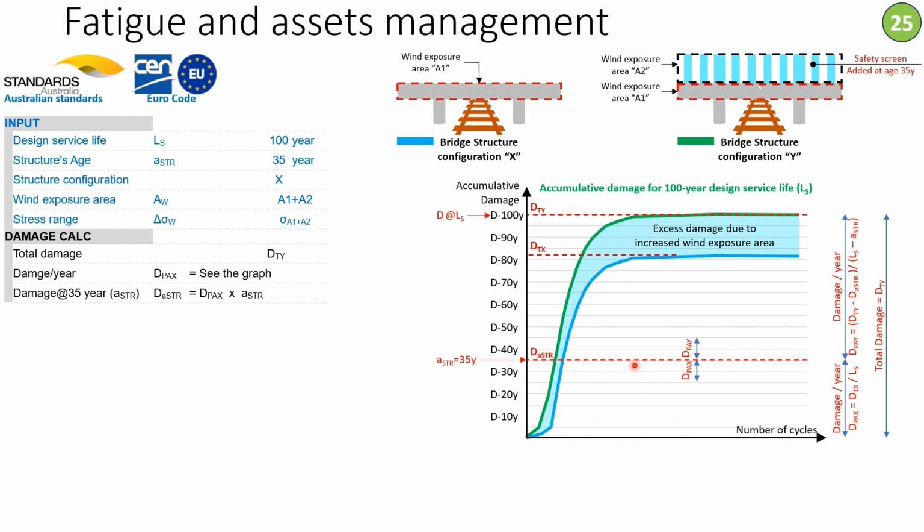So the damage per year before adding the safety screen at age 35 equals the total damage for configuration X, coming from the blue curve, divided by the intended design service life of 100 years.